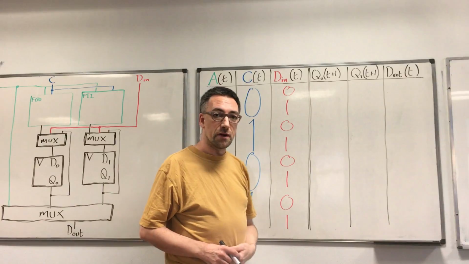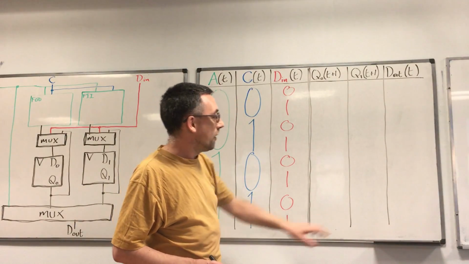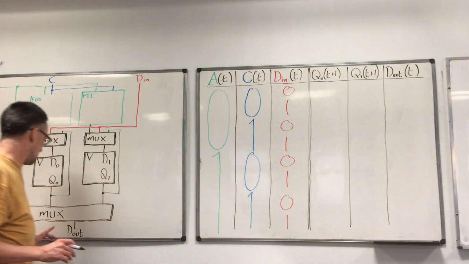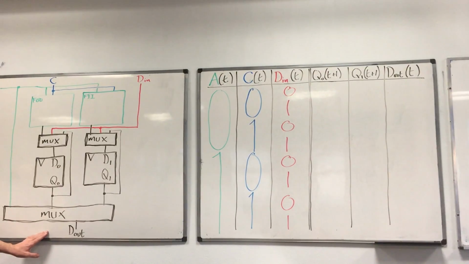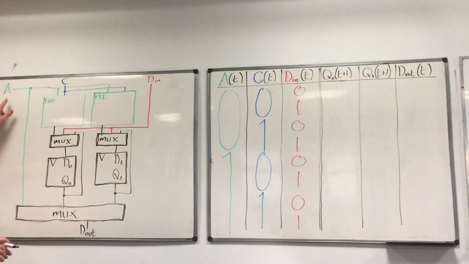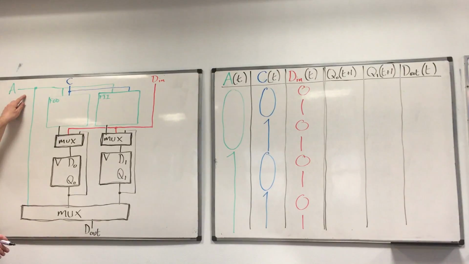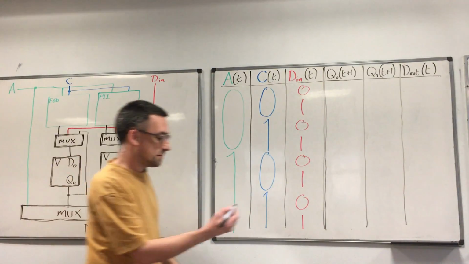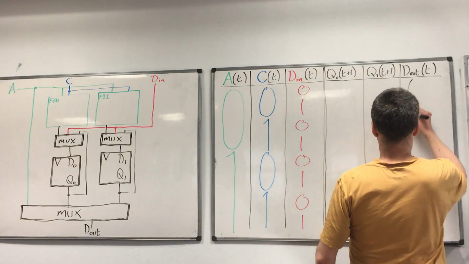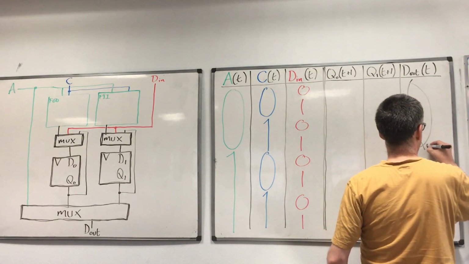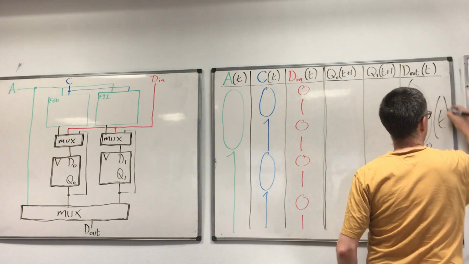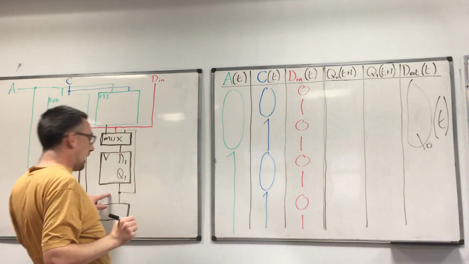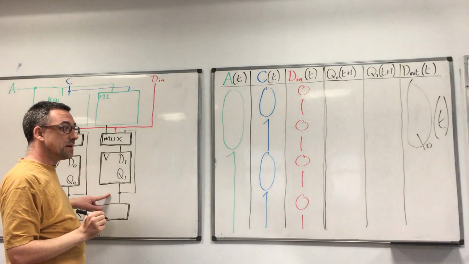So let's first of all go to the data output. We can see that's directly controlled by the mux. And the mux is taking its cue from the A signal. So we can see that the data output is going to be Q0 of t if A is 0. And it will be Q1 of t if A is 1.